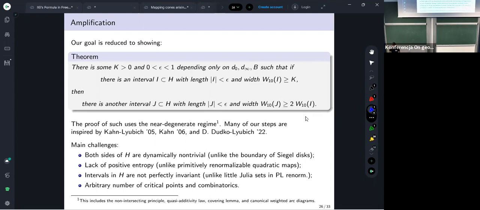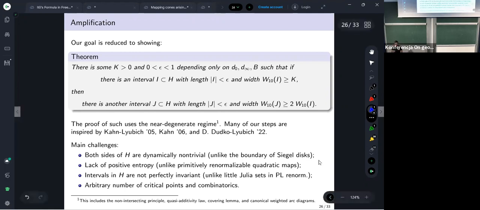So secondly, there's also a lack of positive entropy. Positive entropy here was used by Jeremy Kahn in the context of primitively renormalizable quadratic polynomials, and that gives you some advantage in analyzing the width after some sequence of branch coverings. But we don't have that over here, and we have to adjust it in different ways, really.